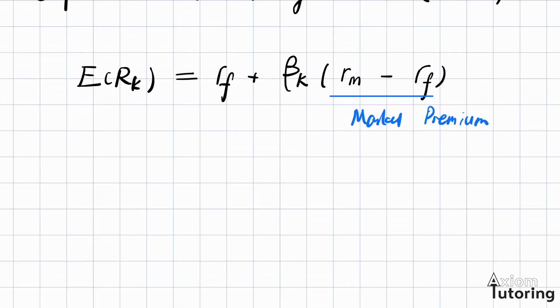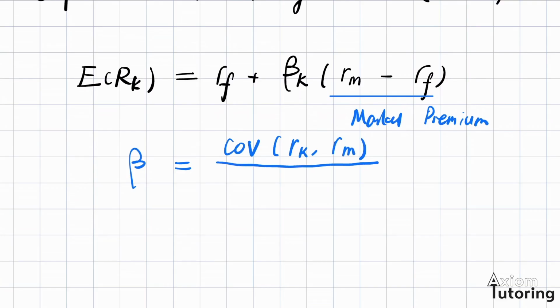So the beta is calculated as the covariance between RK, your risky asset's return, and RM, the return for the market, divided by the variance of the market. This is the same way you calculate any beta in a simple linear regression.